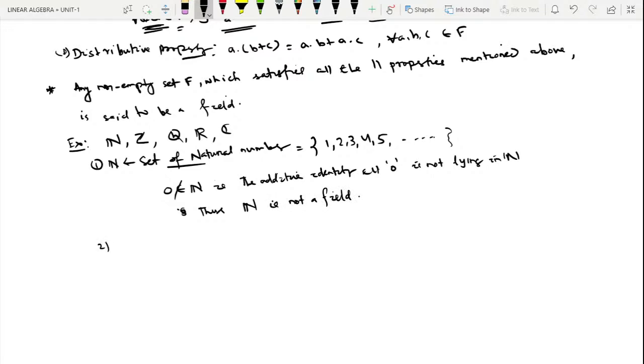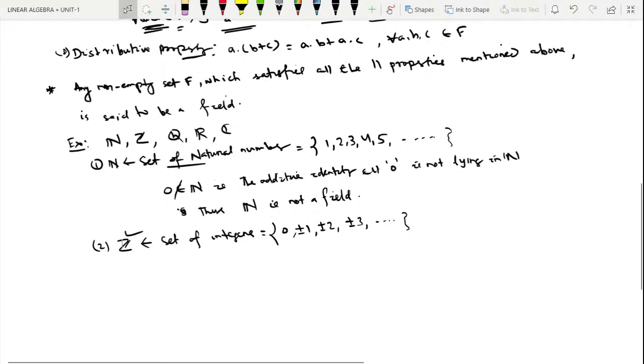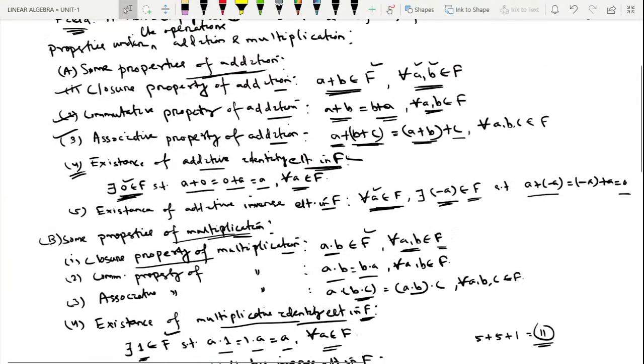Similarly, now the second example, the set Z, the set of integers. The set of integers is 0, plus minus 1, plus minus 2, plus minus 3 and so on. If you check all the 11 properties in Z, you will see it satisfies all 5 properties of addition.